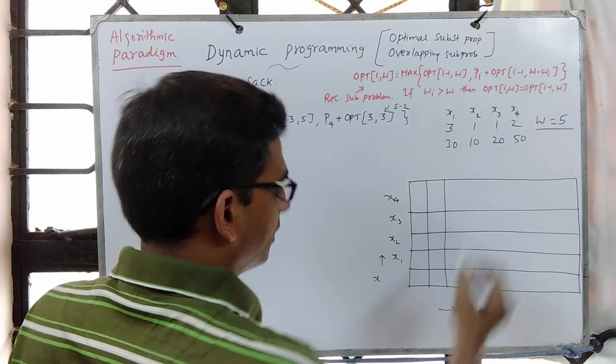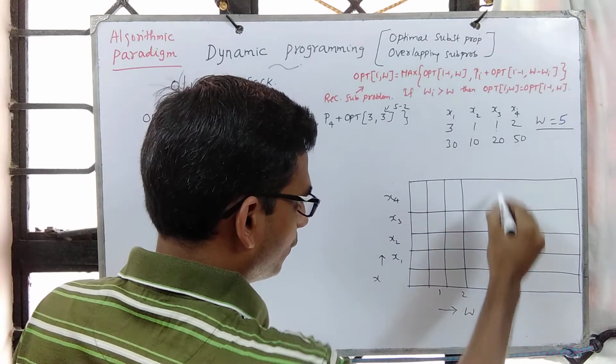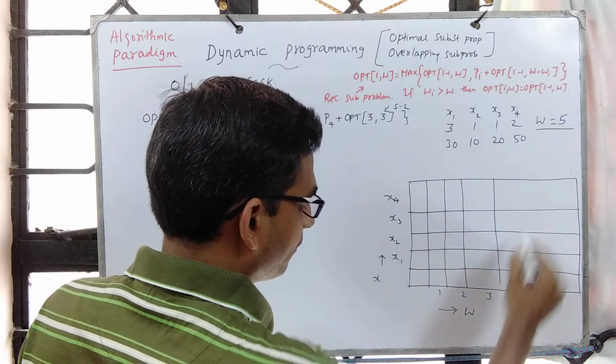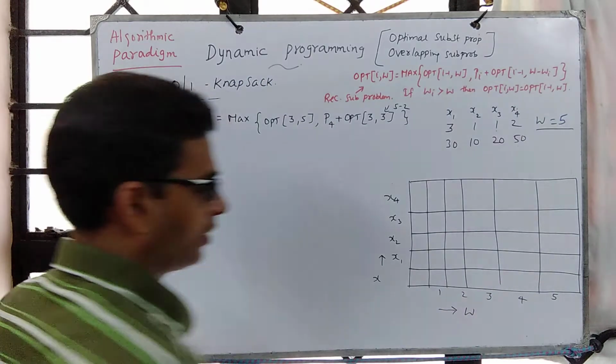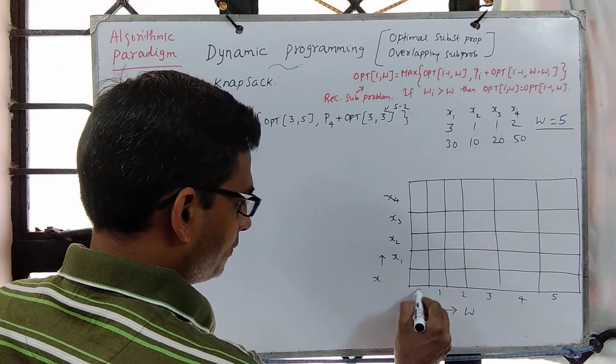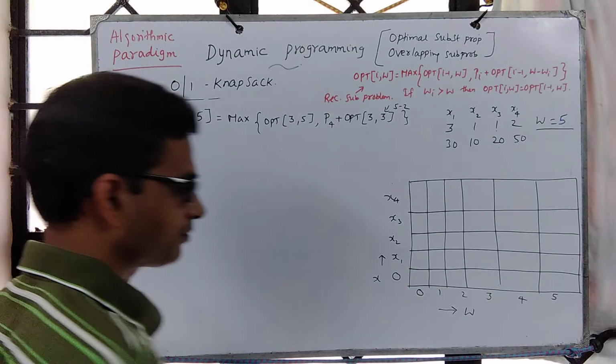The values for weights are 1, 2, 3, 4, 5.